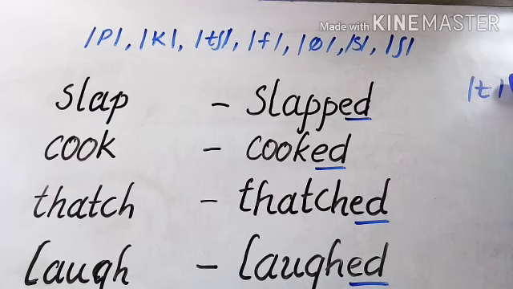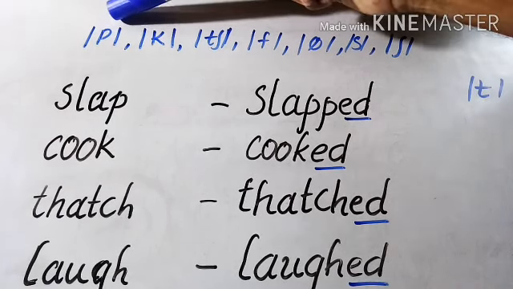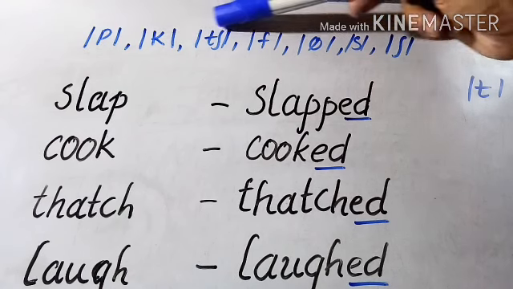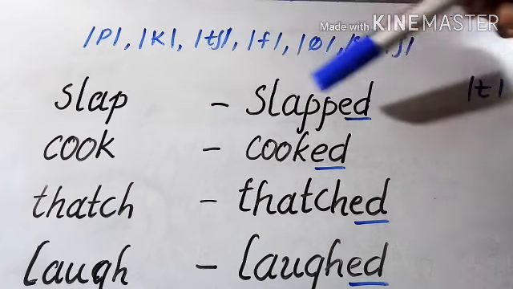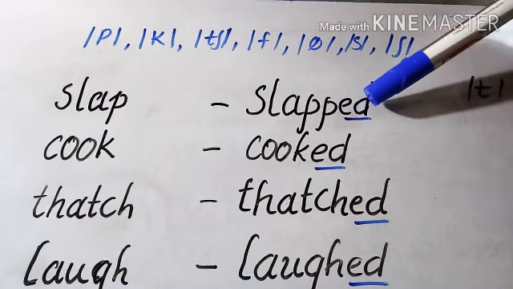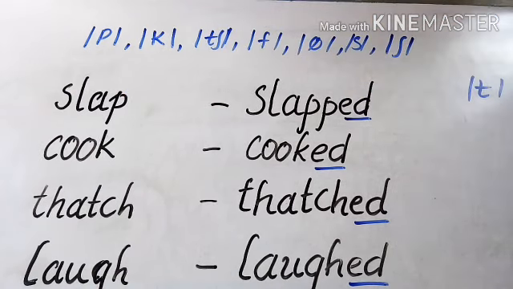But the t sound is excluded. Other than the t sound, when we have a verb with all these voiceless consonants, when we add ed to that, this ed should be pronounced as t but not d.